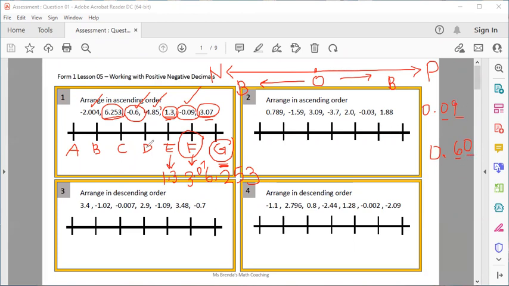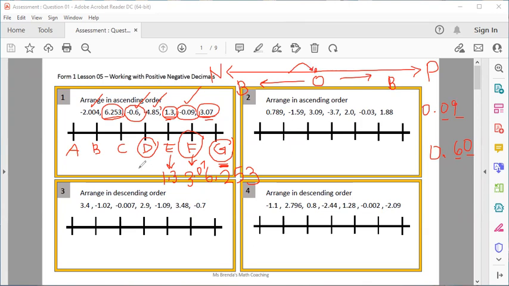So in other words, what should be the answer for D? Put into chat. 0.6. Are you sure? You remember now, for negative, the closer to 0 must be the smaller number. That's how your mindset has to change. So the number has to be small if it's going to be near to 0.